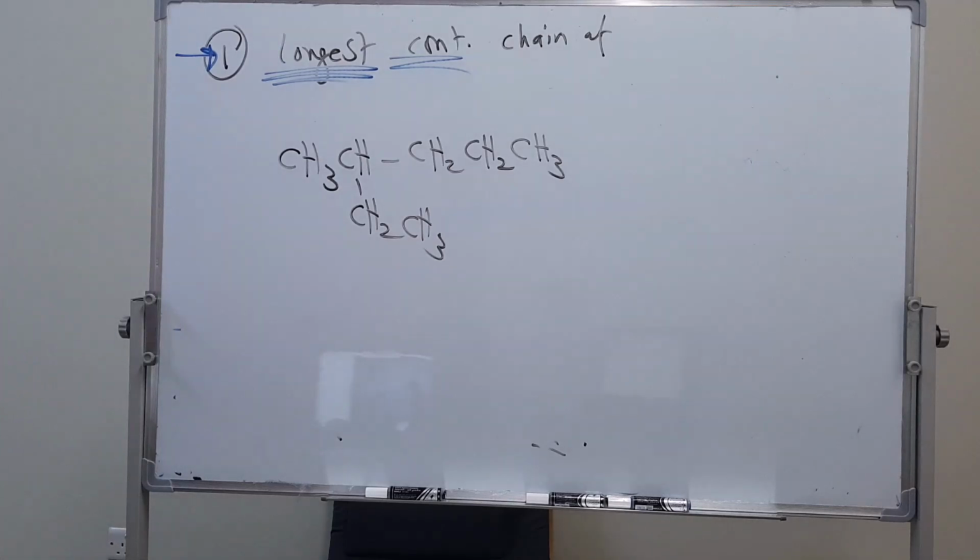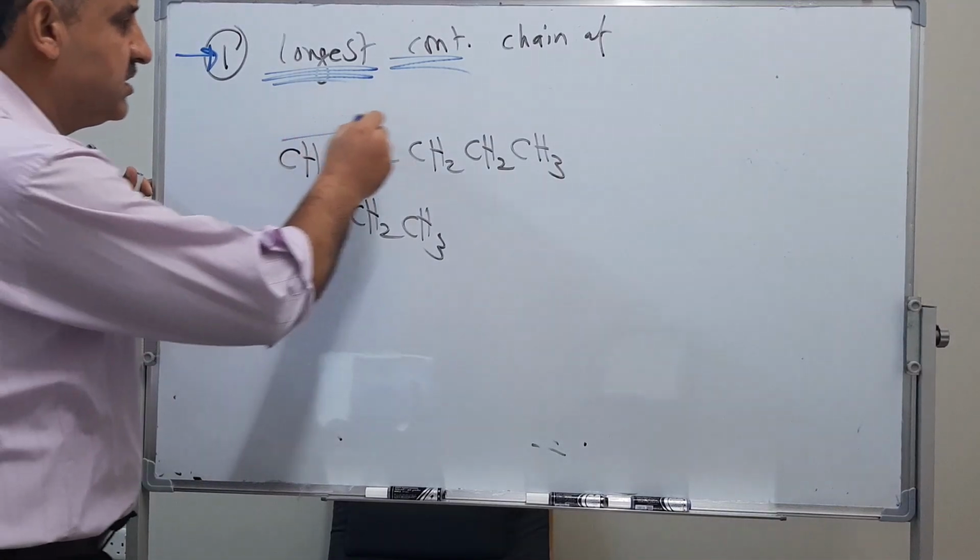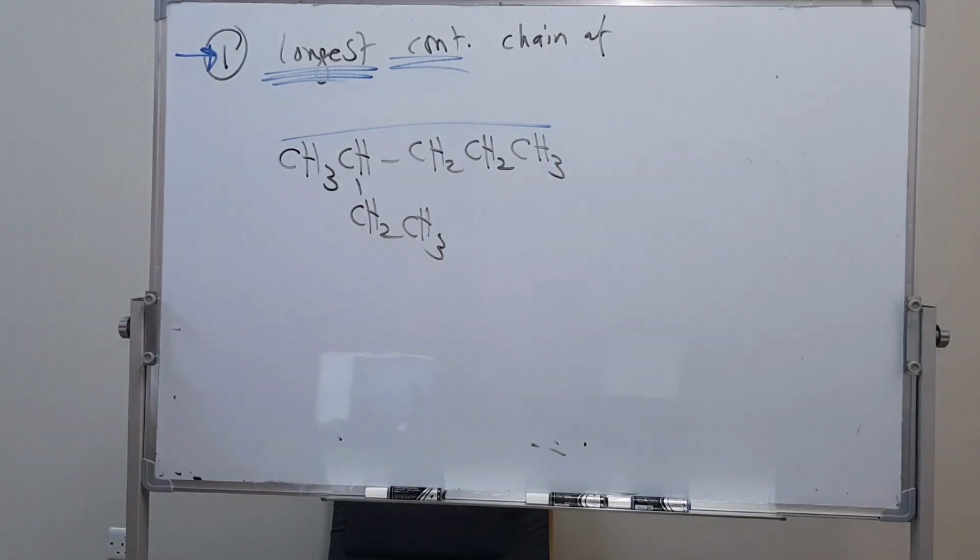How many carbons should be the longest number of carbons? 5. Which is this, you mean? This is the number of carbons. This is the chain, isn't it?